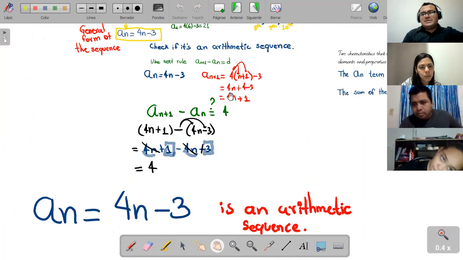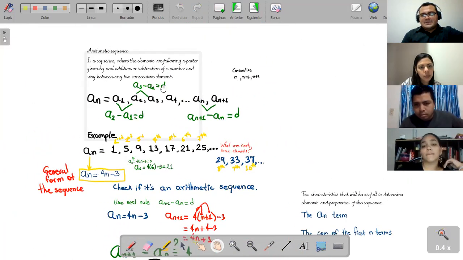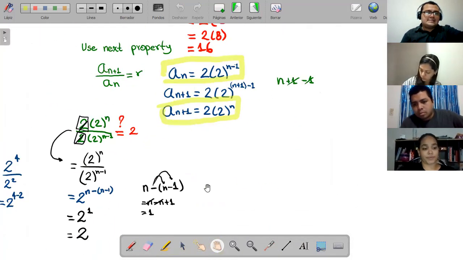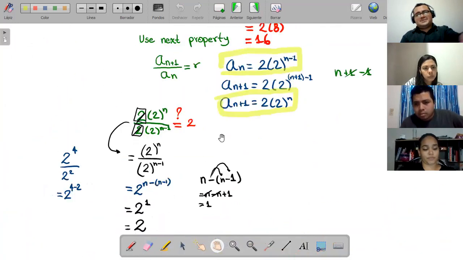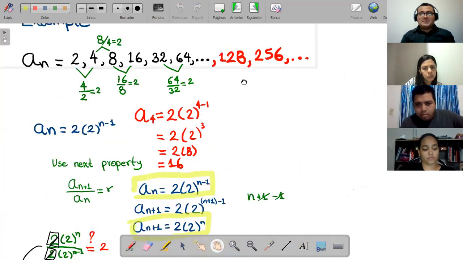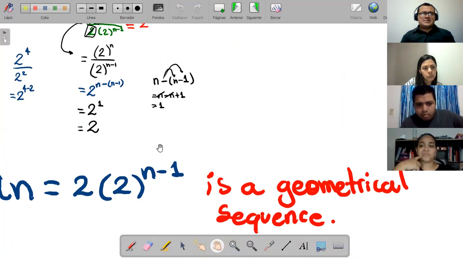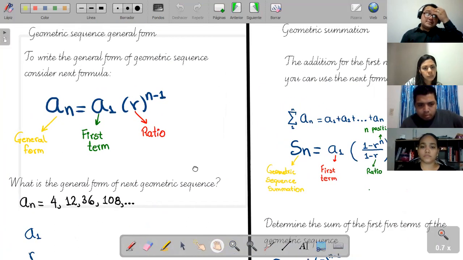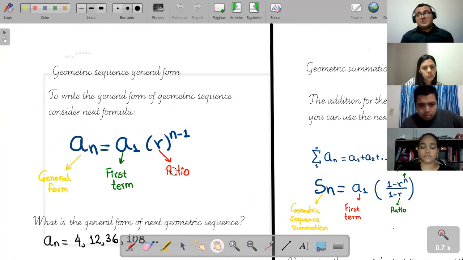The number stays between any 2 consecutive numbers, just that here we have a difference, and in the other one, we have a ratio. That's why we make the comparison like that. So it's not that I create a rule. The rule is over here, just that it's in words. I translate it to the math language and we use it to see if that really works, and it really works.